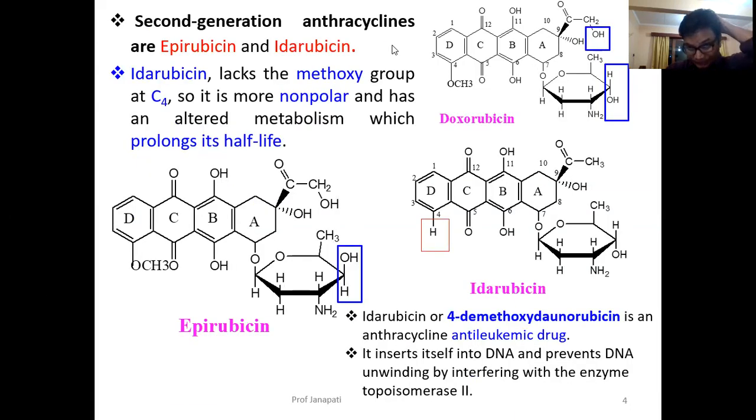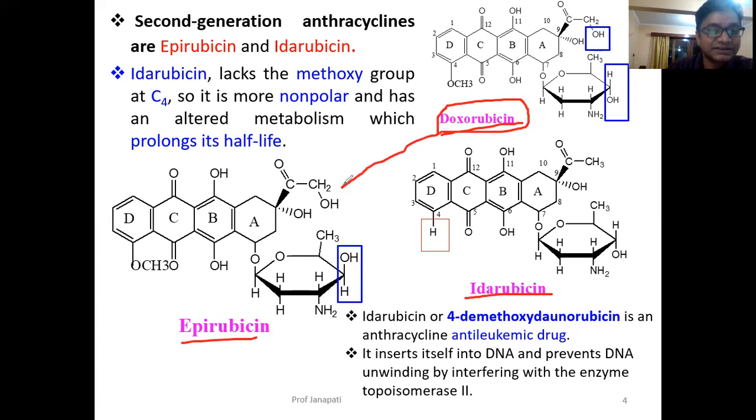So here, for our convenience, I placed doxorubicin again, the same structure. Now we are going to learn about epirubicin and idarubicin. These two are second generation anthracycline derivatives. What is the difference here? Epirubicin is similar to doxorubicin.